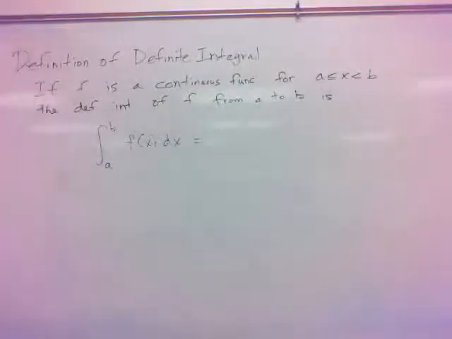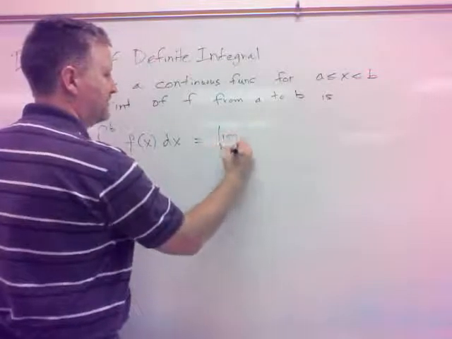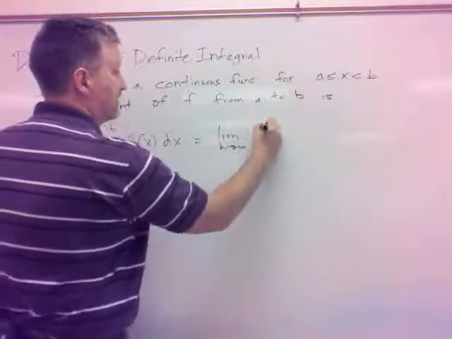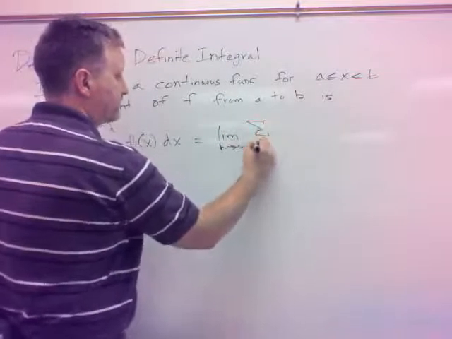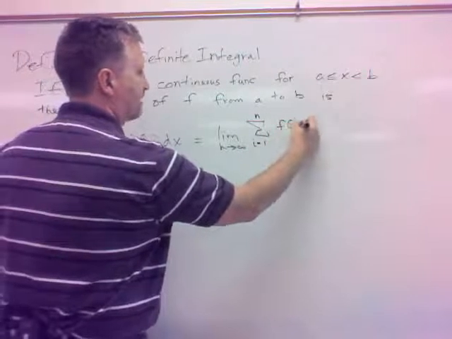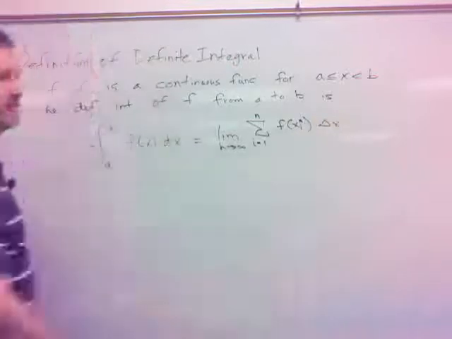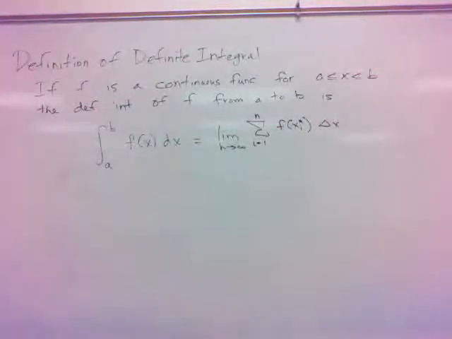It turns out this integral is equal to that precise net area we defined a while ago. Remember what it was? It was the limit as n goes to infinity of the sum i equals 1 to n of f of x_i star times delta x, because you can use right endpoints, you can use left endpoints, whatever you want to.